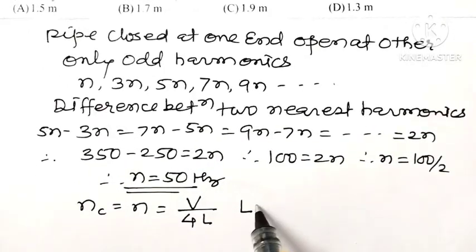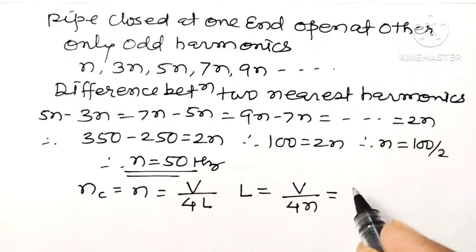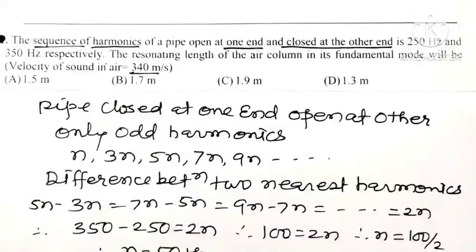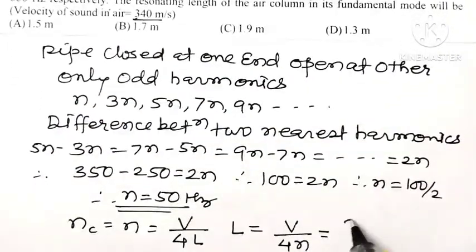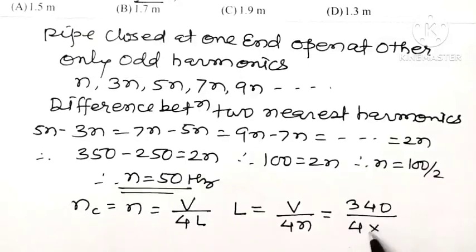So L is equal to V divided by 4 times the fundamental frequency n. What is the value of velocity given? It was given as 340 meter per second. So it is equal to 340 divided by 4 into 50, which we had calculated.